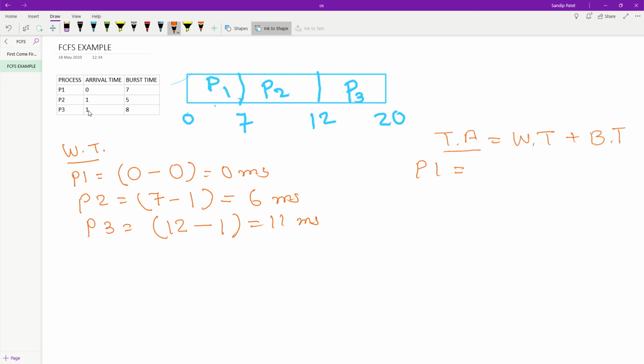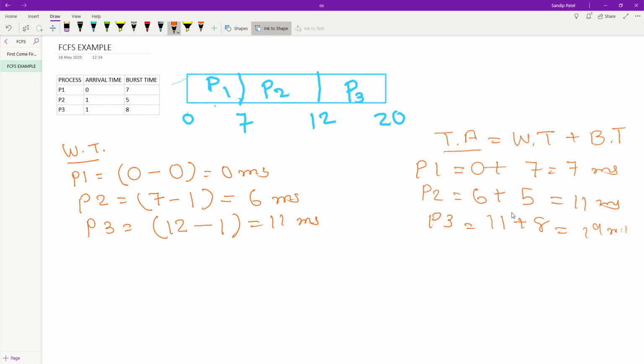So P1 waiting time 0 millisecond plus the burst time of 7 milliseconds, so it's 7. For P2, the waiting time is 6 milliseconds and the burst time is 5, so it is 11 milliseconds. For P3, waiting time 11 plus 8 burst time, so it is 19 milliseconds.